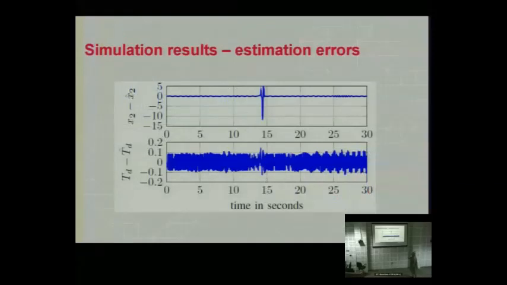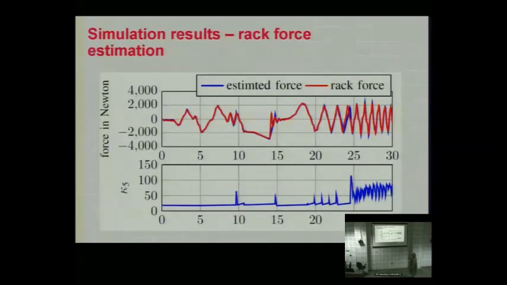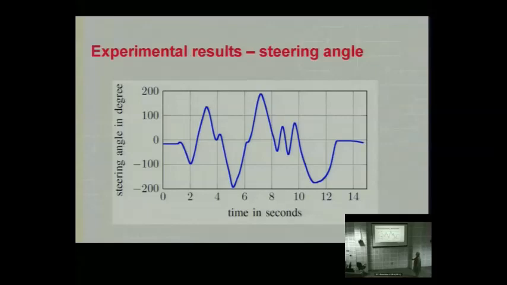If you look at the estimation errors, you can see here that they are small. So x2 minus x2 hat, TD minus TD hat, the estimated force here and the rack force are tracking very closely. We've heard some things about parameter estimation and using variable gains on our switches. We did use a variable gain here for kappa 5, and so this shows what kappa 5 was doing.